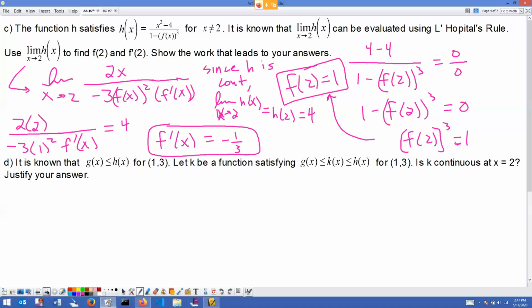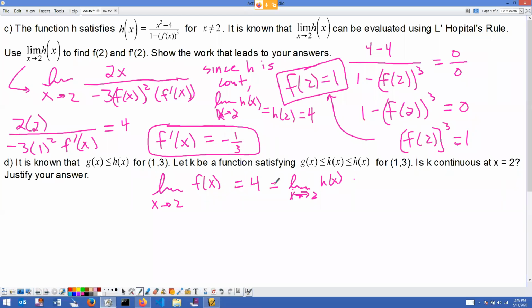And so we know that the limit as x approaches 2 of f of x is equal to 4. And we also know that the limit as x approaches 2 of h of x is equal to 4.